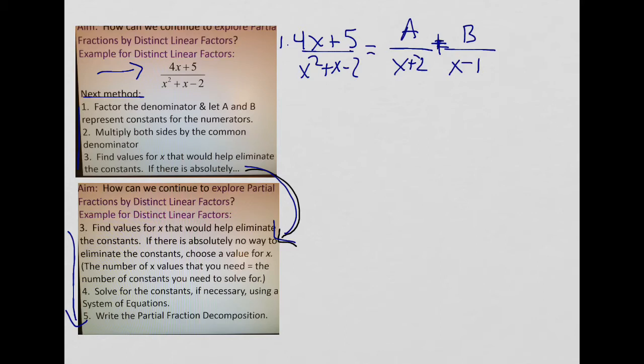That is a terrible addition sign, so let me see if I can do a better one there. Change the color. There we go, a little bit better. So that's step 1, and step 2 is the same as I've done before. We multiply by our common denominator. Please make sure you're multiplying this to each fraction. If I multiply it with my first fraction, I'm getting 4x plus 5.